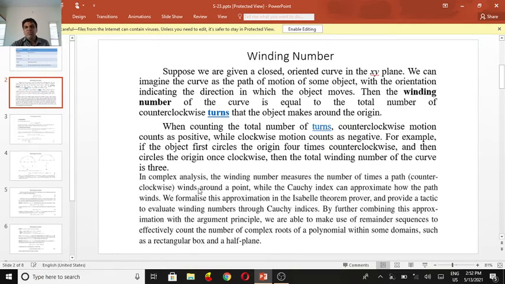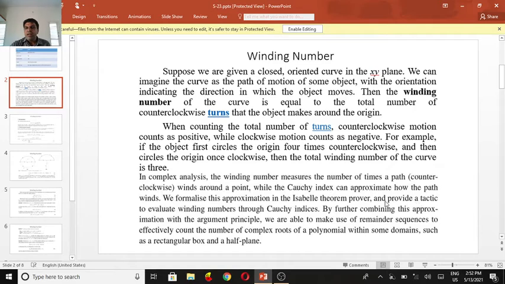In complex analysis, the winding number measures the number of times a path winds counterclockwise around a point, where the Cauchy index can approximate how the path winds. We formalize these approximations in Isabelle.